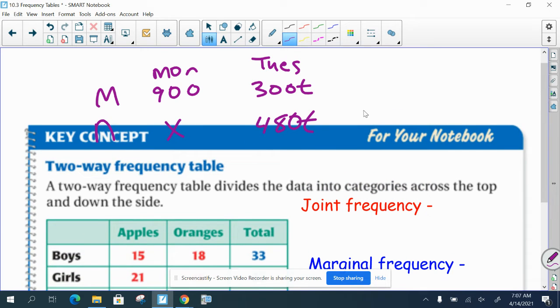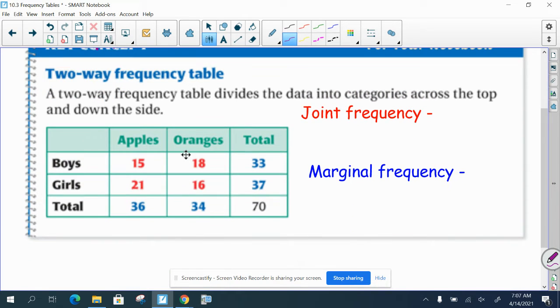Anyways, with this two-way table, you've got joint frequencies and marginal frequencies. Joint frequencies are where the two categories join, like boys and apples, so boys that like apples and boys that like oranges. And then the marginal frequency is the frequency of just one event. Like how many boys are there? There are 33. How many girls are there? 37.